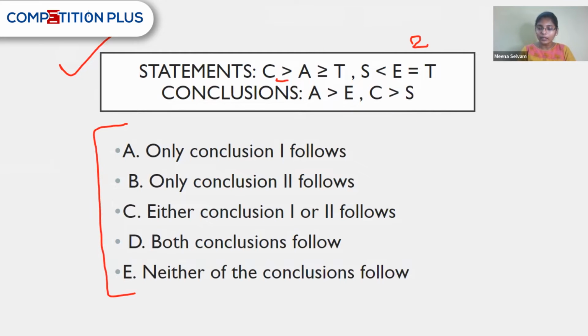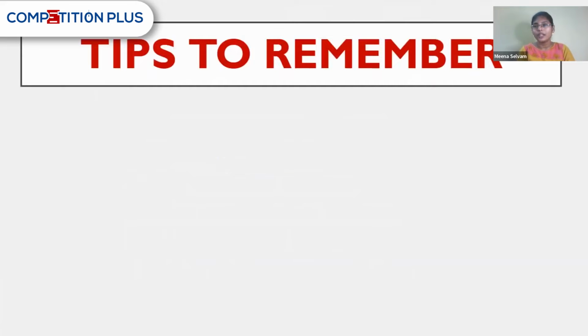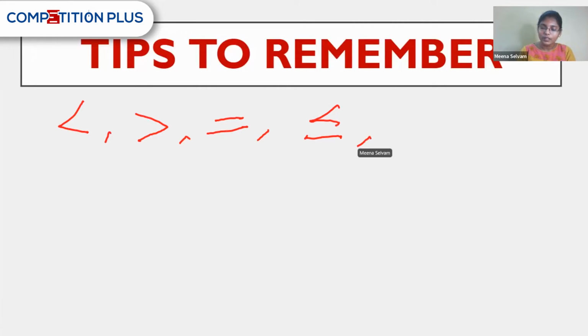You will be provided with the statement and conclusion for your coded inequality, and we have to cross check whether the given conclusions are true or false. As you saw, in this topic you will have the involvement of some symbols like less than, greater than, equal to, less than or equal to, greater than or equal to.